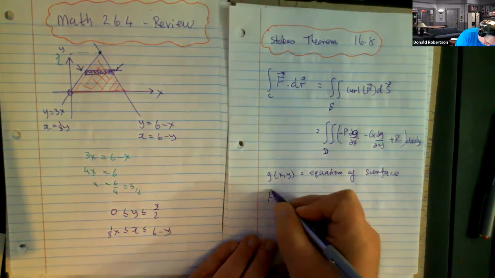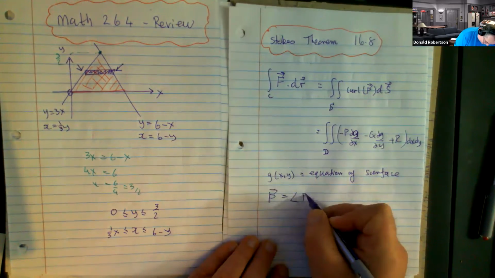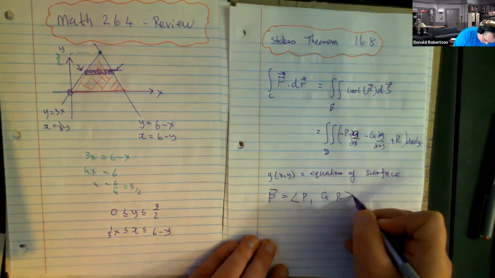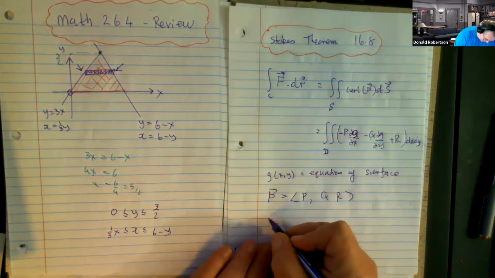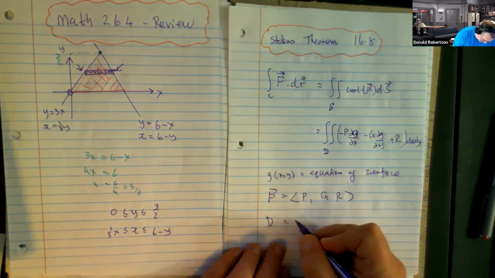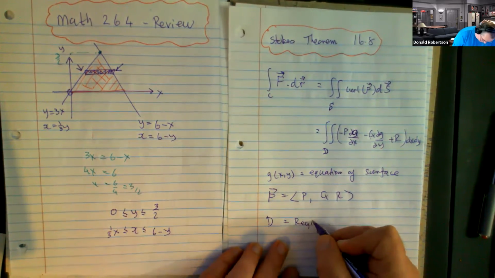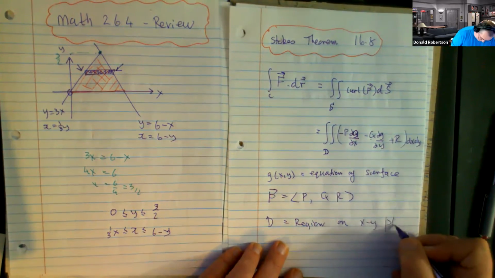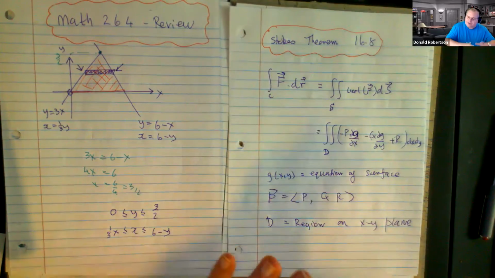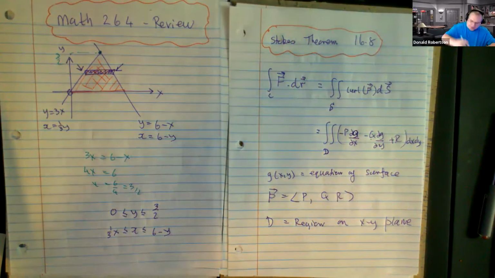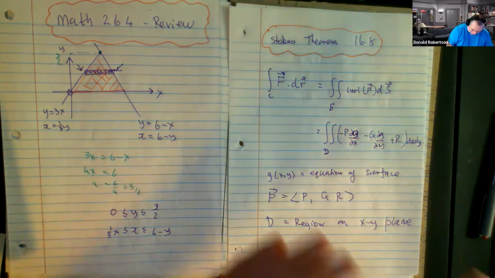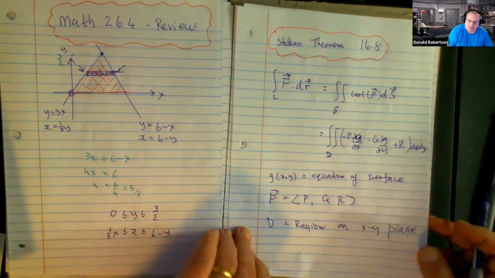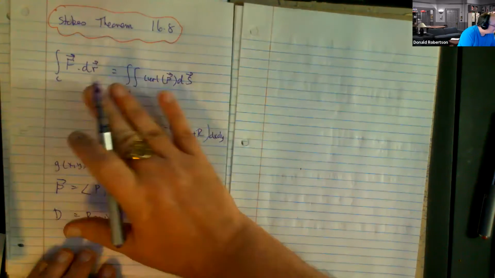And F is P, Q, and R, which is these guys. And D is the region typically on the XY plane. So we imagine the shape, you're looking above it, you're looking at the shadow when it hits the floor. Right, so that's the theory behind it.